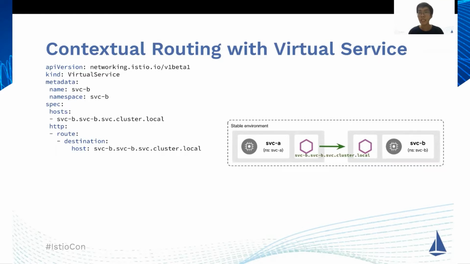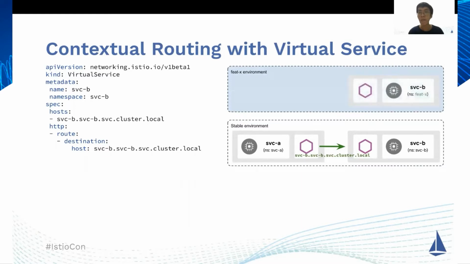Now, let's say an engineer wants to add a new feature to service B. In the on-demand dev environment, what he can do is create a new environment. Let's call it feature X, and then he only needs to deploy service B there. Like this. The difference here is that we deploy service B in the feature X namespace.